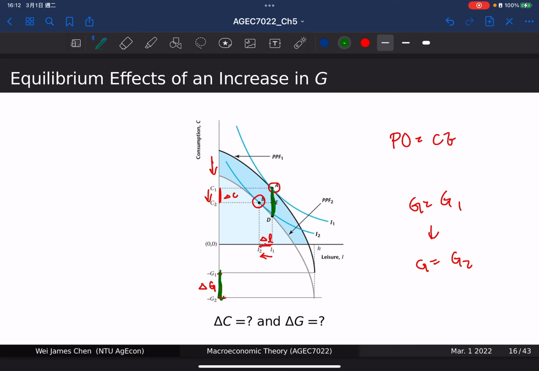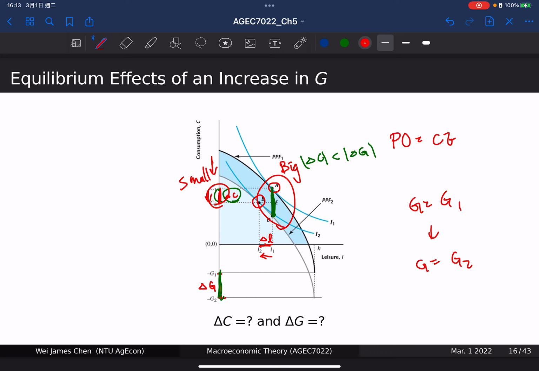Because it goes down in parallel. And you can easily see that delta C is less than delta G, right? This green line compared to this red line, this one is big, this one is small. Just like the intuition I gave you.